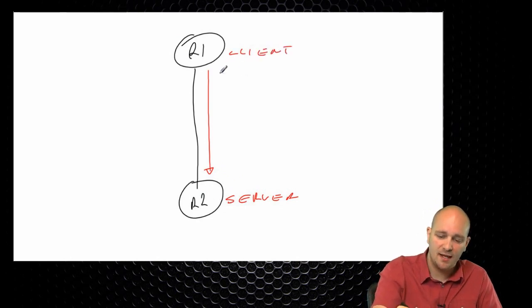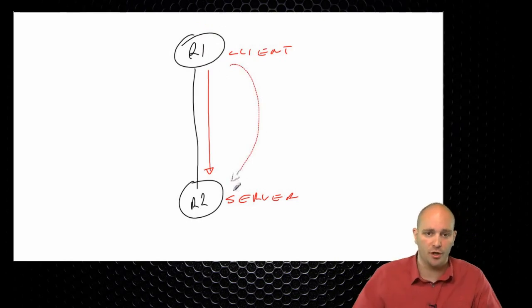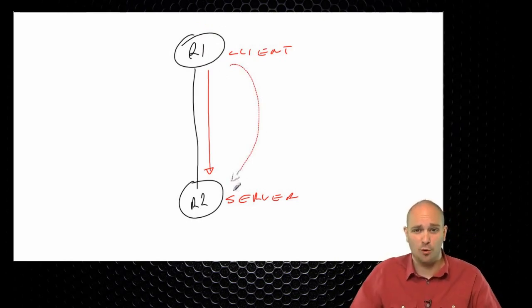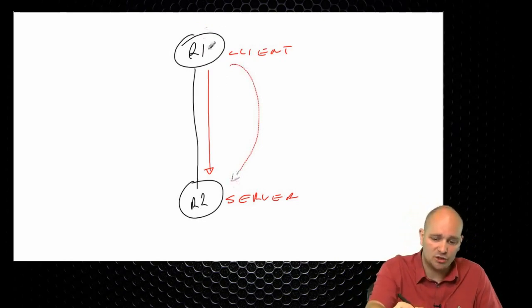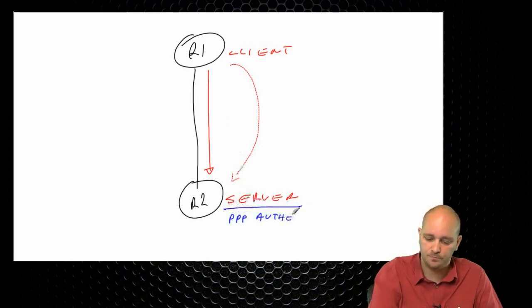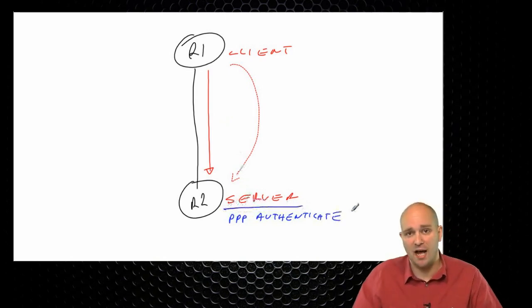The client is authenticating to the server. In other words, the server is authenticating the client. I'm saying this because on the server is where you need to say PPP authenticate. This is a server-side configuration.